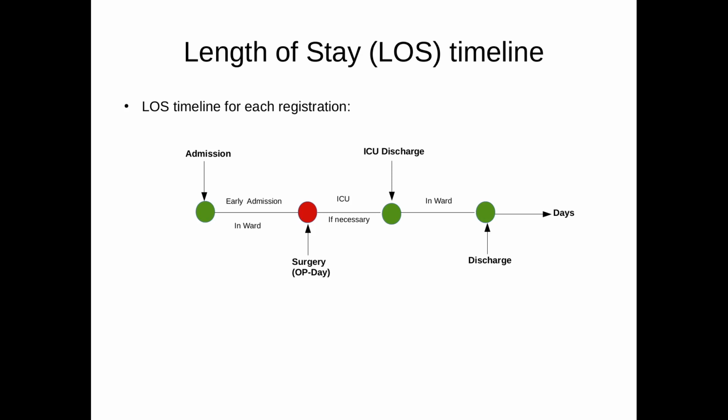And if we look at this length of stay timeline for a particular registration, by registration I mean a particular patient. As I said, we have an advance parameter that shows that a patient can come a day before the op day. Then there is a surgery for the patient. After the surgery, if necessary, the patient can be shifted to the ICU. If not, the patient will go straight to the ward, and after staying in the ward, will be discharged.